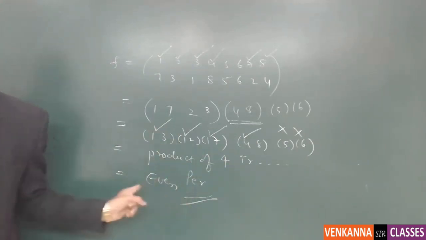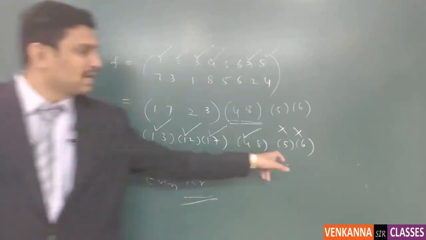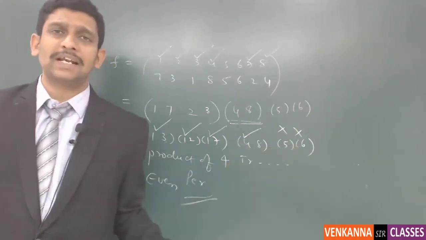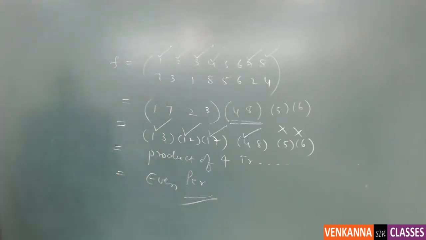So it is an even permutation. So I am not considering them. I am considering cycles of length 2 only. Okay? Clear now? How we are writing actually the product of transpositions, and we are mentioning that as even or odd.